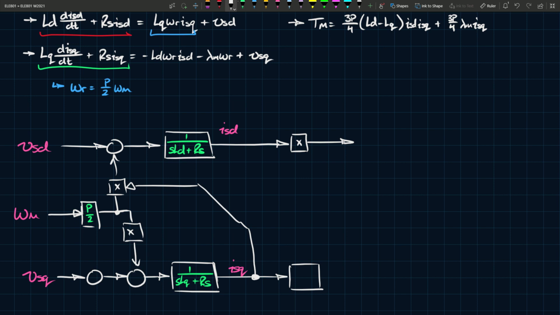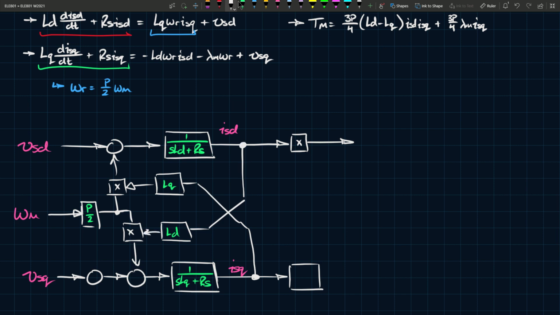On one side it'll be subtracted, on the other side it'll be added, and I've missed the multiplication here, so let's add the multiplication by LQ. So here you have LQ, and this one will be LD, and you can send this one up like this, and that will go there.